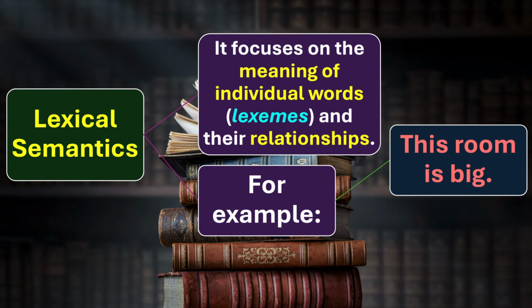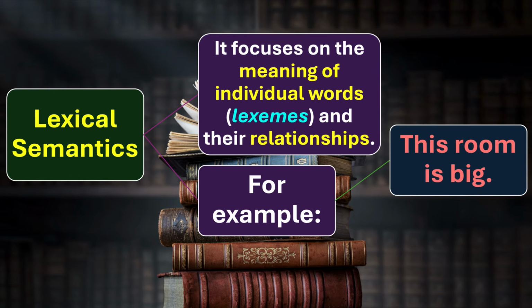And see the relationship between this and room. Why do we use this? Because room is singular. If room is in the plural form, we will change this into these. So in lexical semantics, our focus is upon the meaning of the individual words and their relationships and how they help us form the meaning of the sentence. It's straightforward, no complexity, nothing like that.